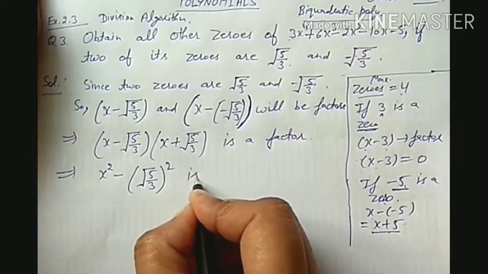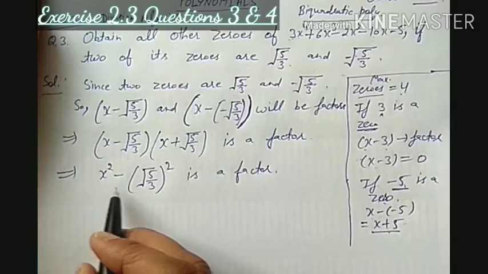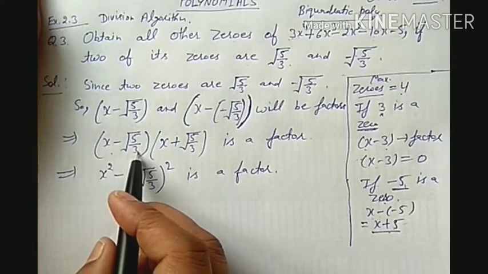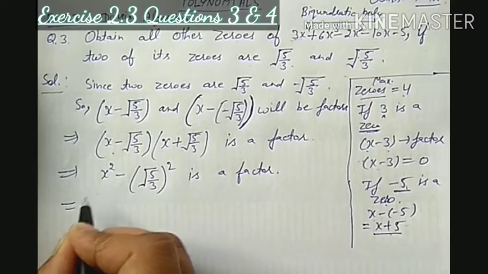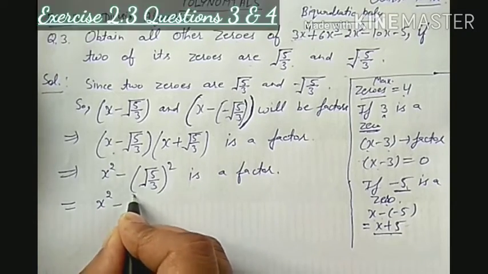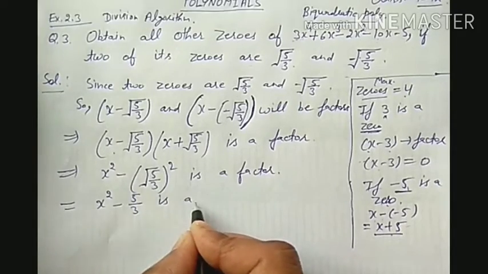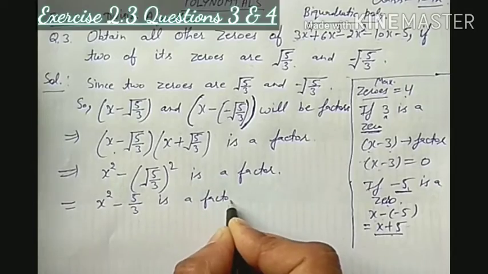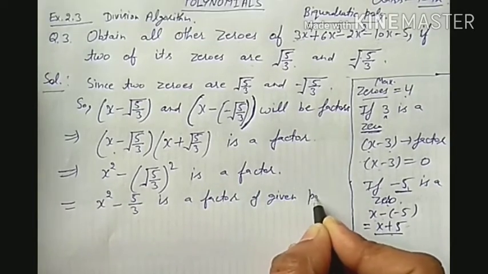A square minus b square is equal to a minus b, a plus b. It is equal to x square minus 5/3 is a factor of the given polynomial.